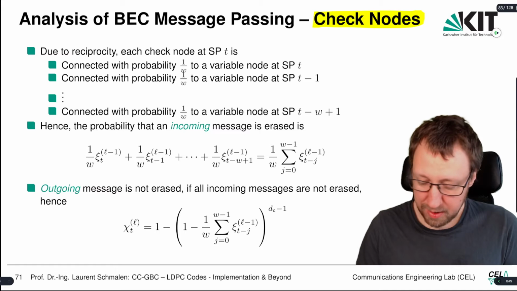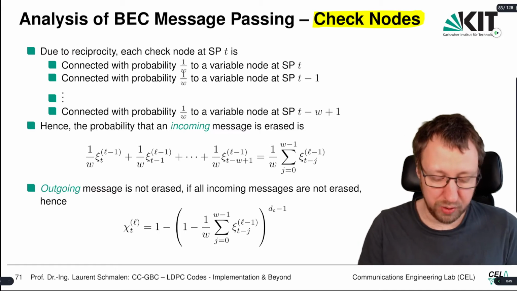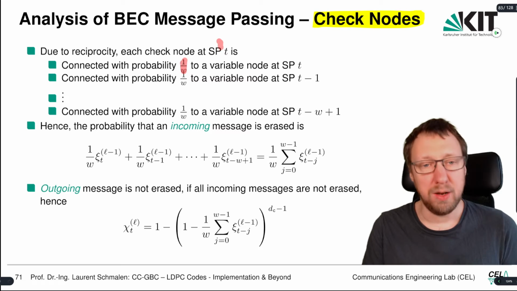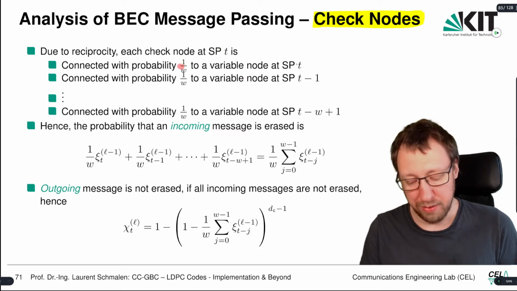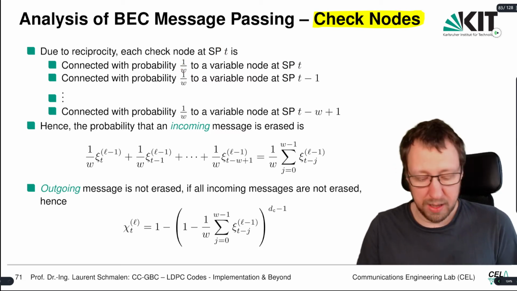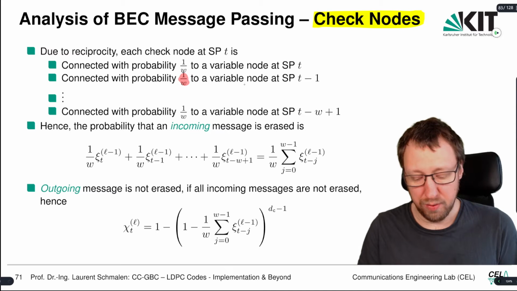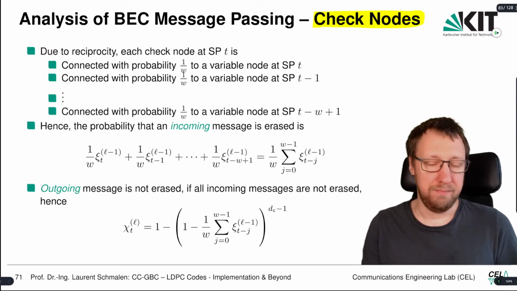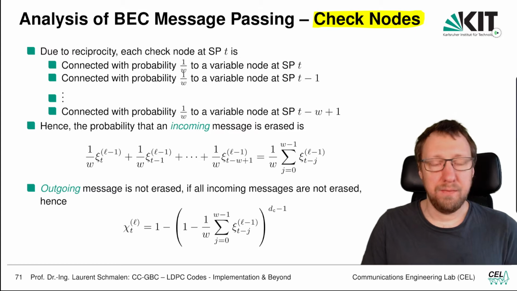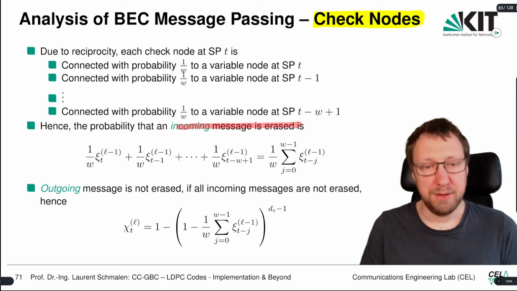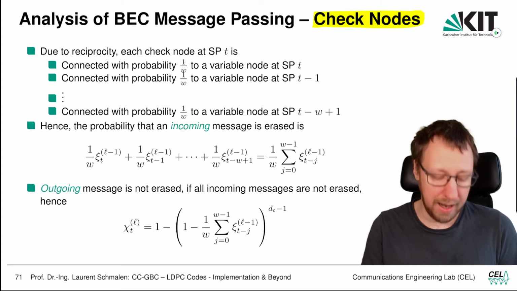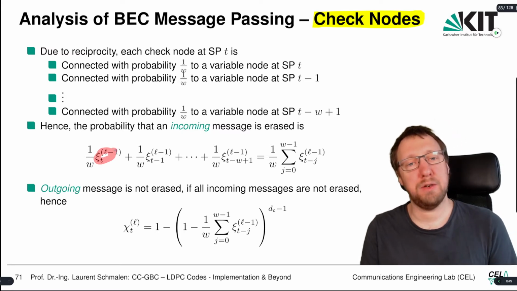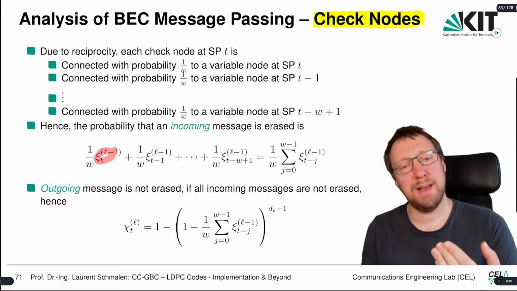So again, due to the reciprocity, each check node at spatial position t is connected with probability 1 over W to a variable node at spatial position t, and with probability 1 over W to a variable node at spatial position t minus 1, and so on. So the probability that an incoming message is erased is again 1 over W times the probability that the incoming message from spatial position t is erased.